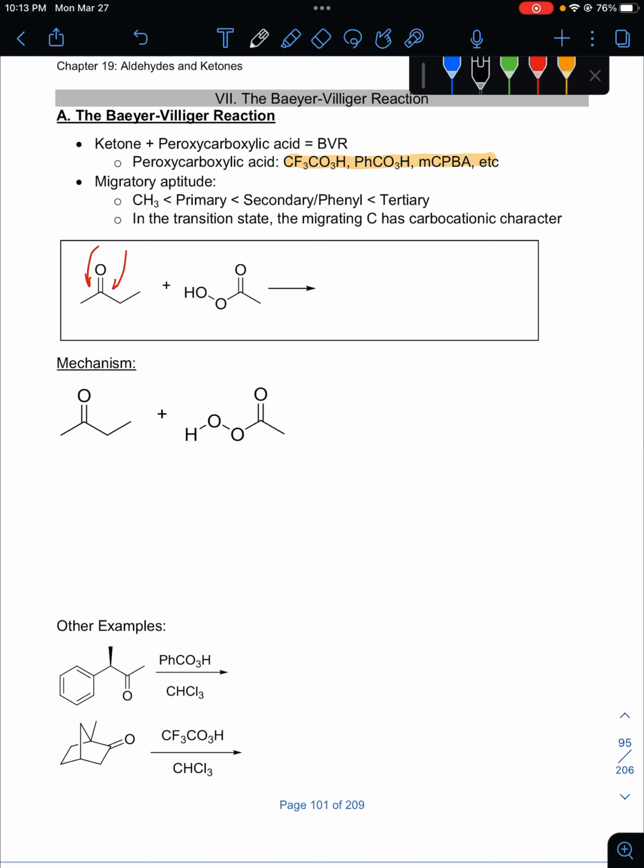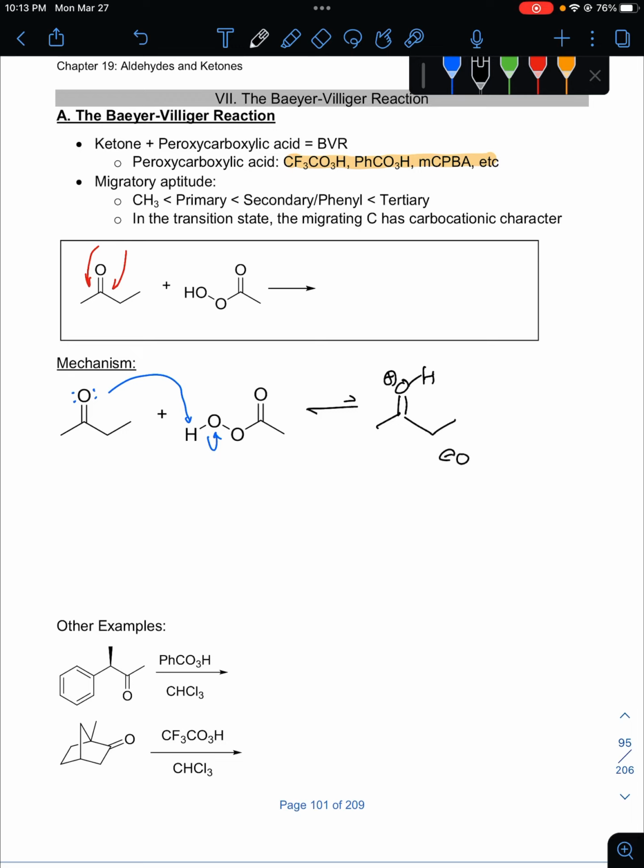Like the name suggests, peroxy carboxylic acid is somewhat acidic. It's not as acidic as carboxylic acid, but because of a tiny bit of acidity, we could imagine that this happens to some extent, not to a large extent, but it could happen. And once it happens, you would end up with this activated carbonyl.